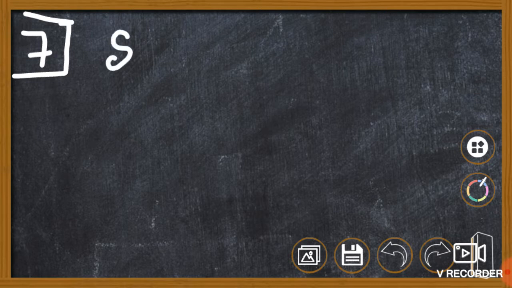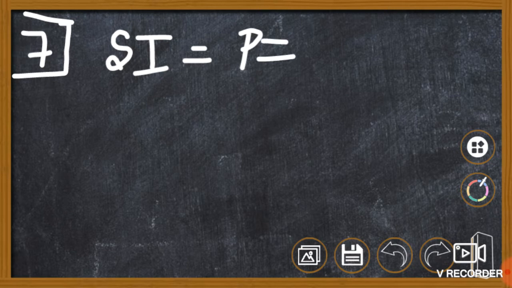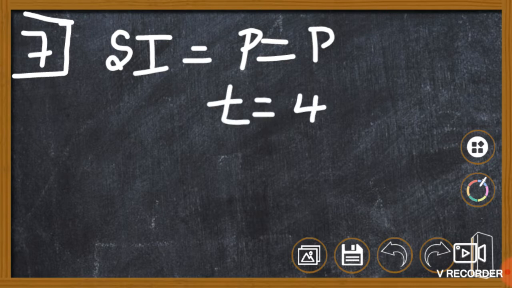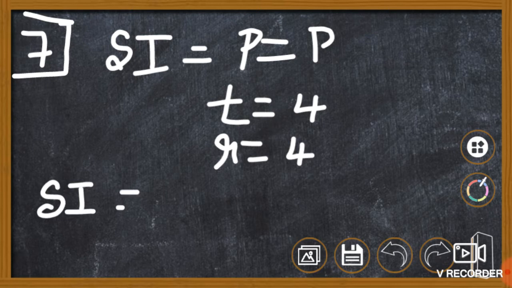It is said in the question that simple interest on a certain sum of money, that means to say P is unknown. So let us consider P as P itself. For this principal amount, if the term N is 4 years and the rate of interest is 4%, this simple interest exceeds the compound interest.